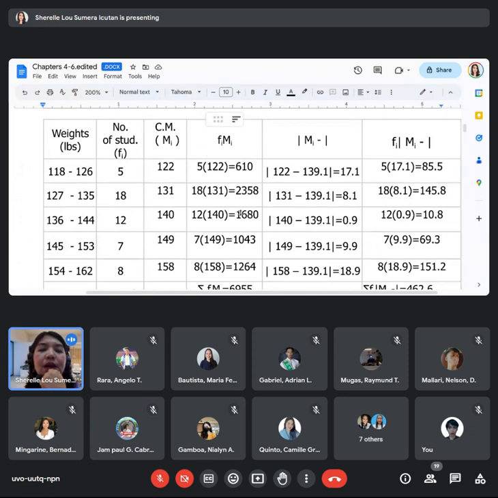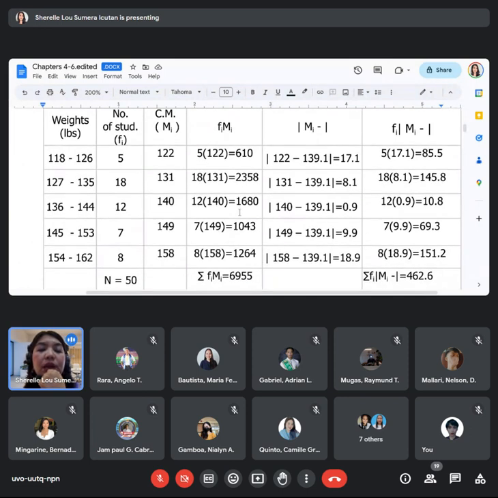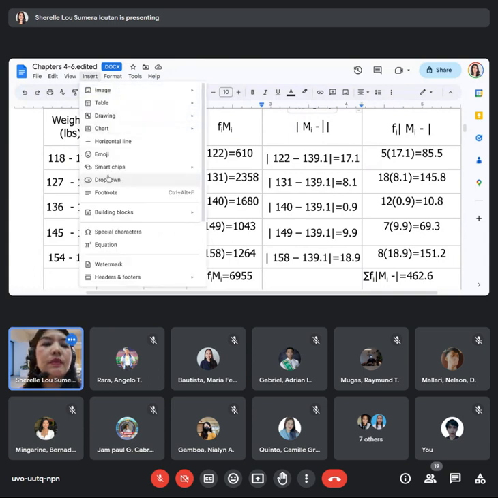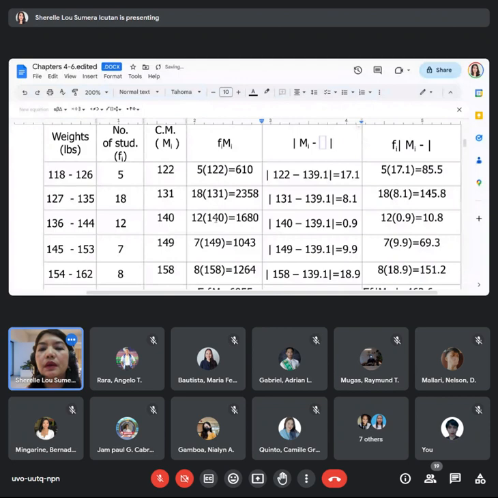So how do you compute for the mean? Because you have to compute for the mean first. So the mean is equal to, sa pagda-download na wala yung one value, X bar. Mi minus X bar. Insert formula, equation X bar.